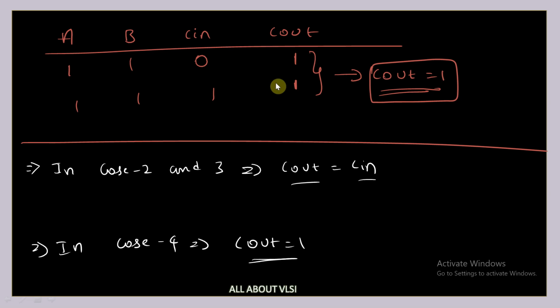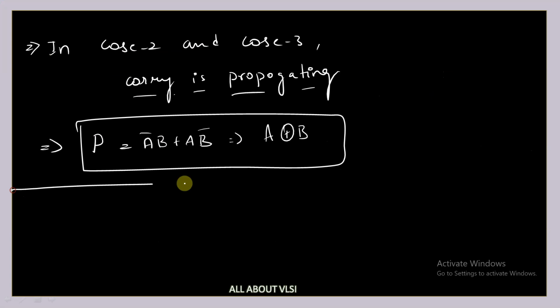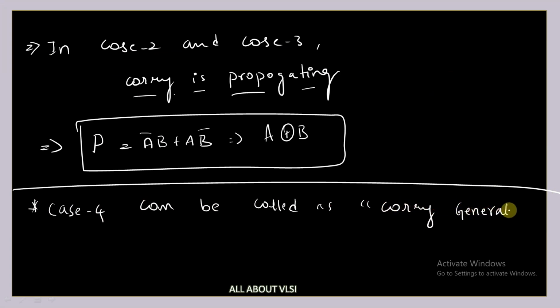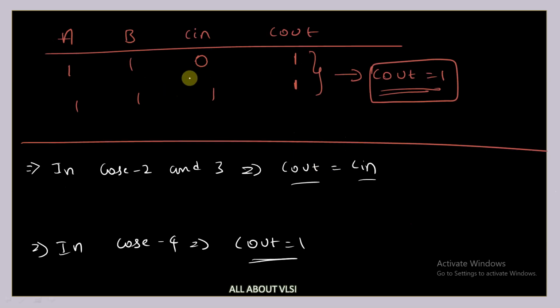Now let us try to write down the equation for the case 4. What can we call the case 4? Case 4 can be called carry generate. What do you mean by carry generate? Whatever may be the value of input carry, it may be 0 or it may be 1, your carry is generated.